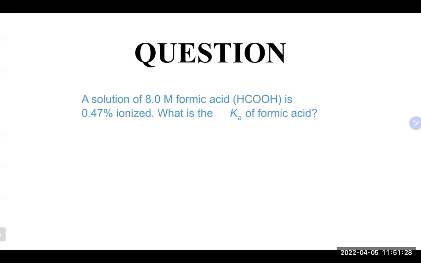We have a solution of 8 molar formic acid. It is 0.47% ionized. We're actually, in this case, looking for the Ka value for formic acid. So we could approach this very similar to how we would do a normal weak acid problem, which is usually starting with the weak acid. And what we want to do is basically dissociate it. So it's going to drop off our H plus, and we'll make a little formate there.